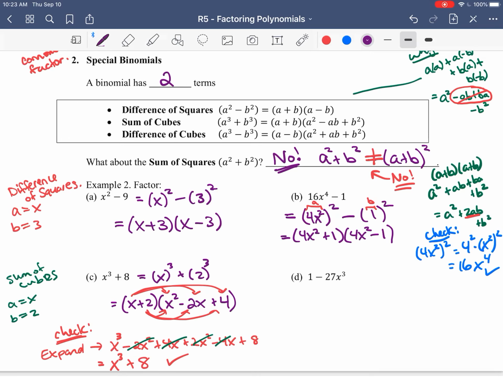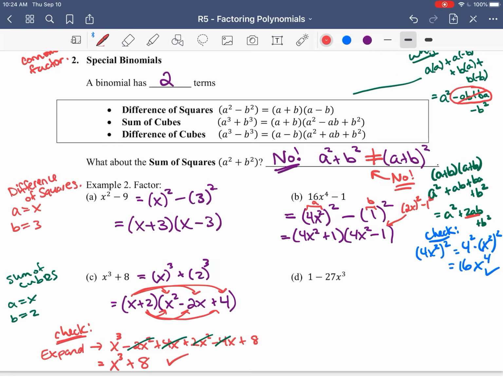Now again, the second factor here is a difference of squares, so we could actually rewrite this. I'm running out of room now. We could rewrite that. I'm going to do it in pink here. So this one is actually 2x all squared minus 1 squared, so again a difference of squares.